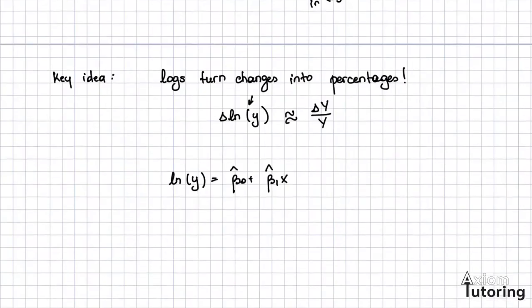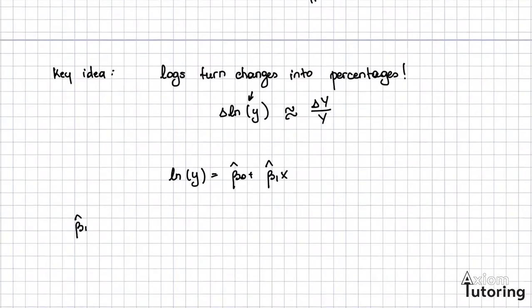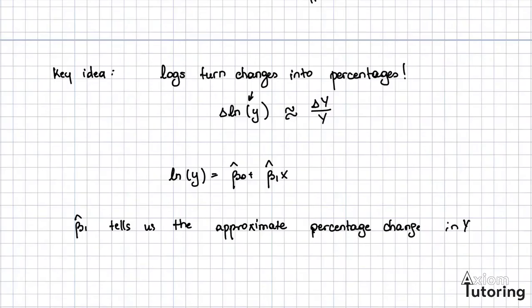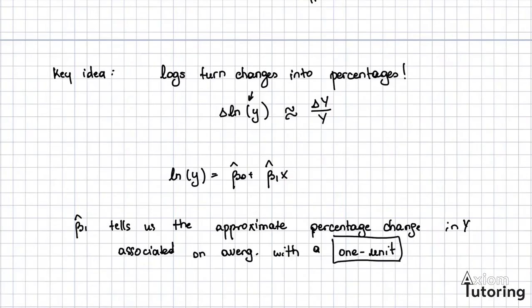This beta 1 hat will tell us the approximate percentage change in y associated, on average, with a 1 unit increase in x. Look here, this is not changing.